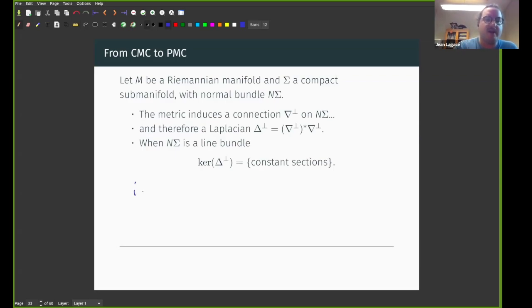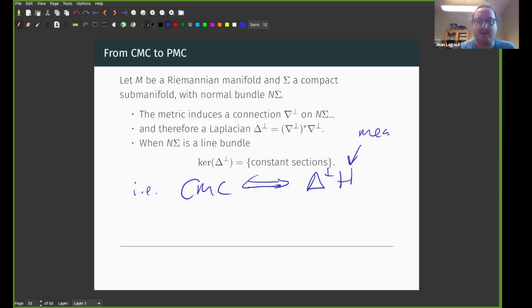So in other words, constant mean curvature is the same thing as saying that the normal Laplacian of H, that's the mean curvature, is 0. And being a line bundle specifically means the fibers are dimension 1. In other words, Sigma is a hypersurface in M.